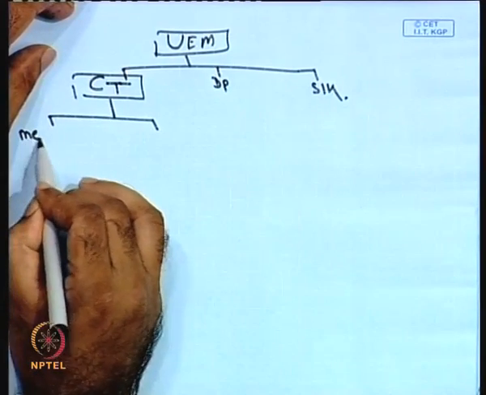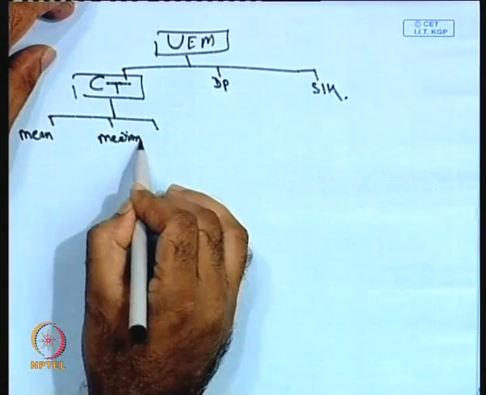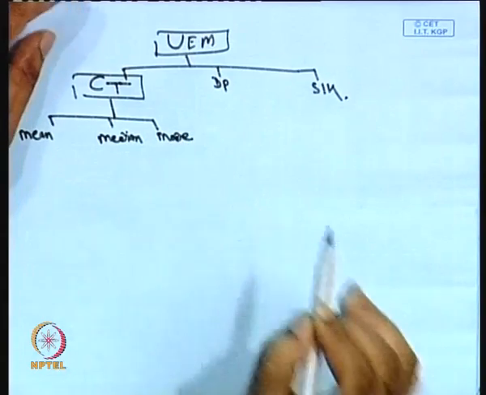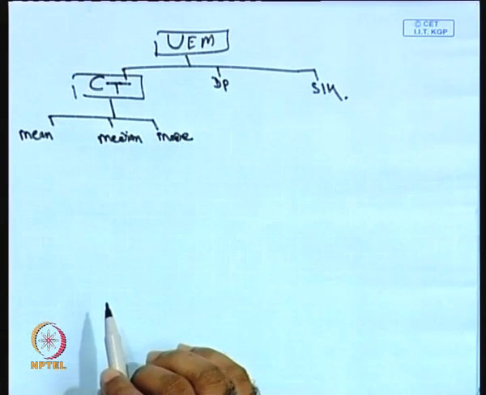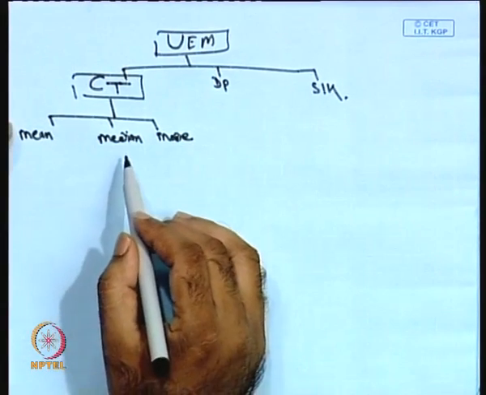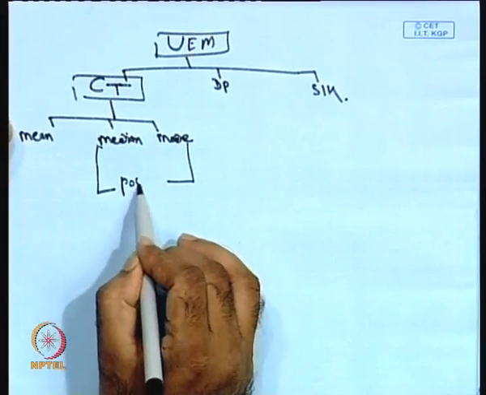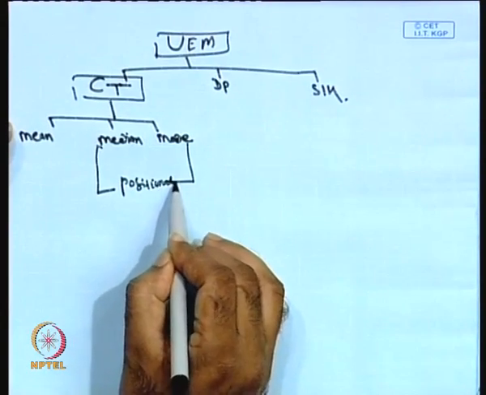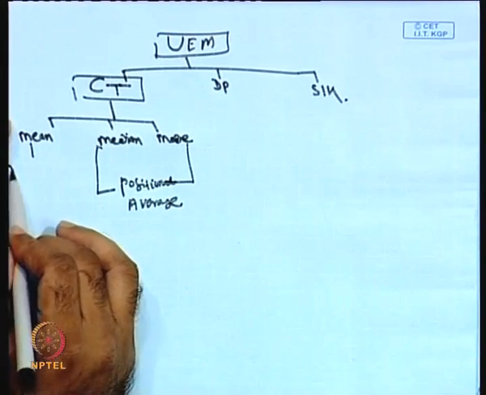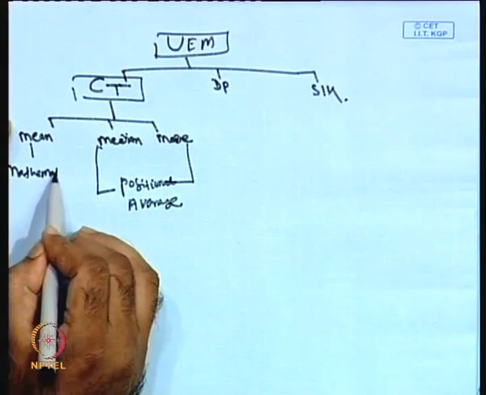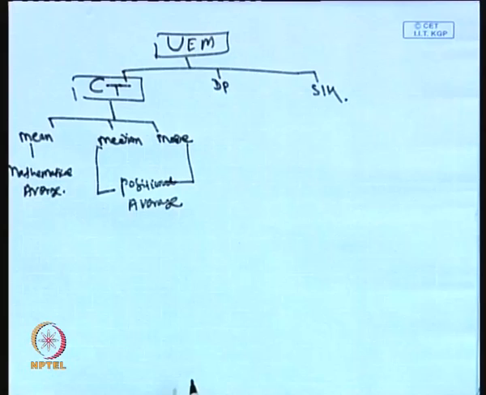This is called the mean setup, this is the median setup, then this is the mode setup. So, we have three different statistical tools under central tendency. Okay. So, median and mode are called positional averages. Mean is called a mathematical average.